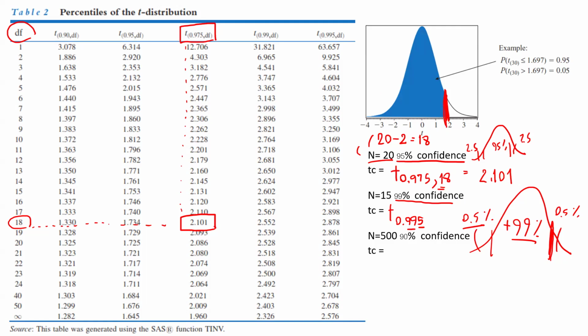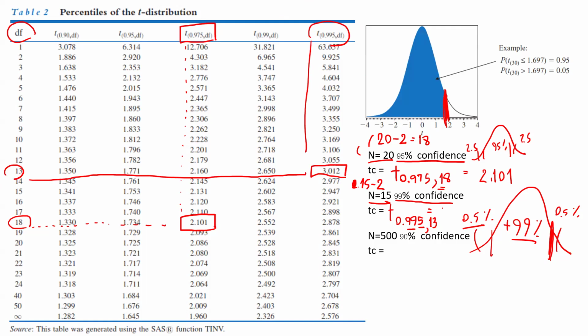So it's 99.5, 995. And n is 15, so 15 minus 2, 13. So 0.995, 13. So we got this number, 3.012. Good.